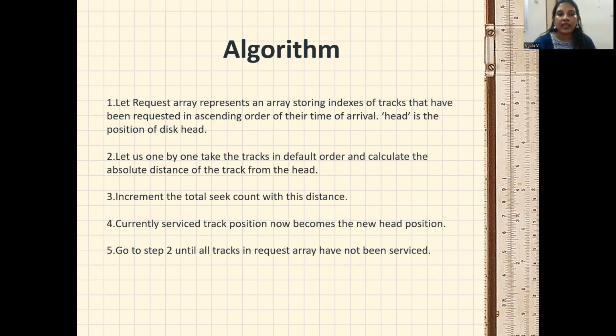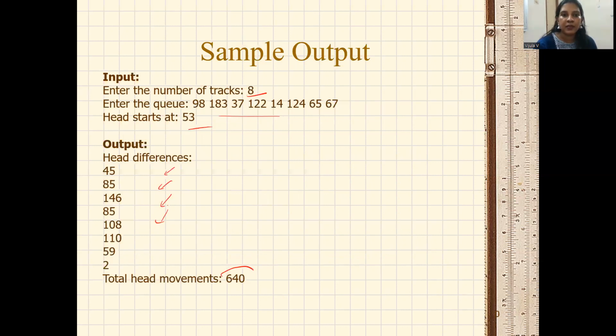The currently serviced track position now becomes the new head position. Then you go back to step 2 until all tracks in the request array have been serviced. So this is your FCFS, and this is the sample output: the number of tracks, the queue, the head start, the differences, and the calculated total head units.